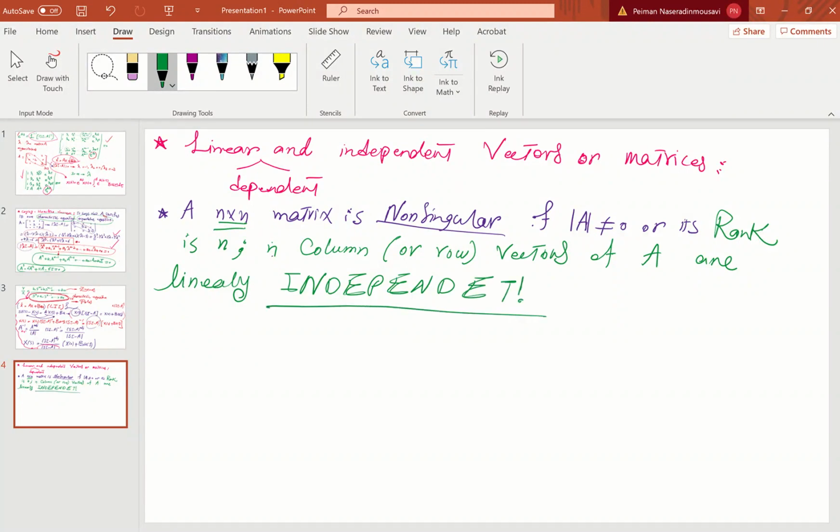So if a matrix is non-singular, meaning its determinant is not 0, its rank is n.